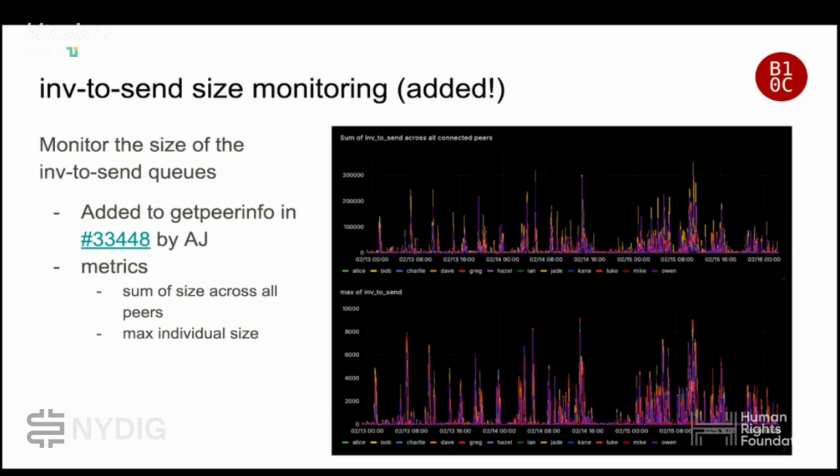For example, if there is a spy node, it's going to have larger sets than the normal peers, because the normal peers are reducing the size by announcing transactions as well. So we have metrics on these now as well.